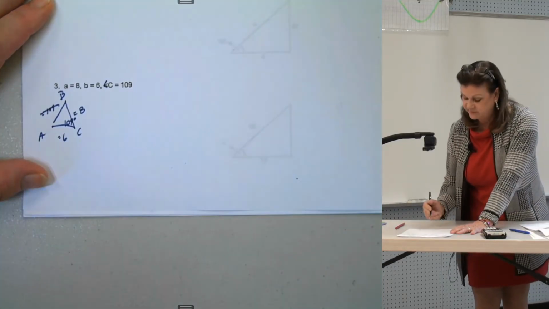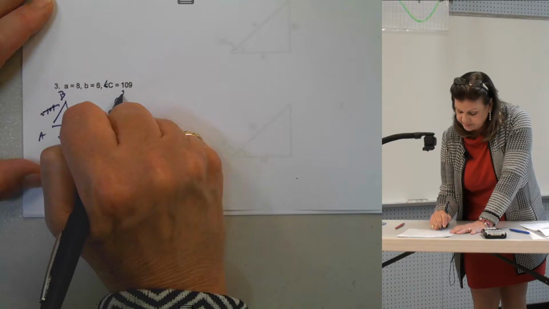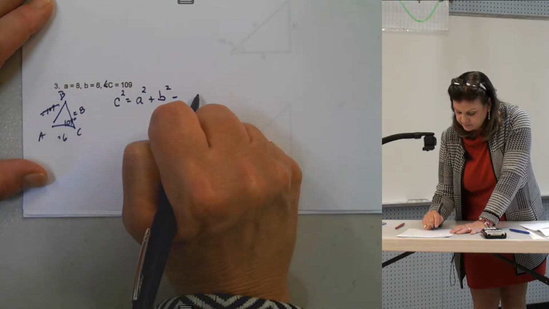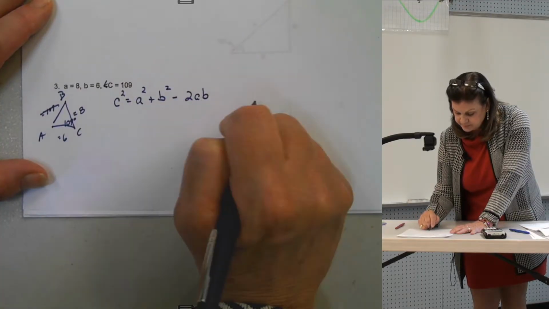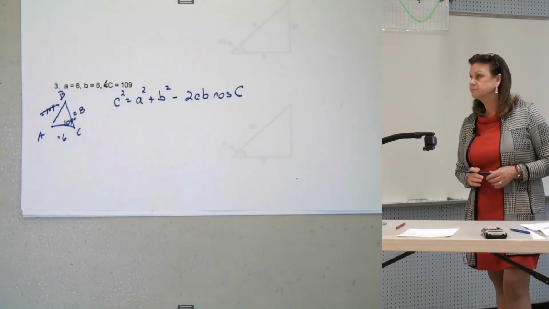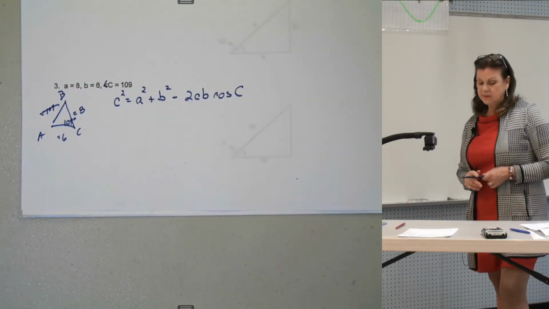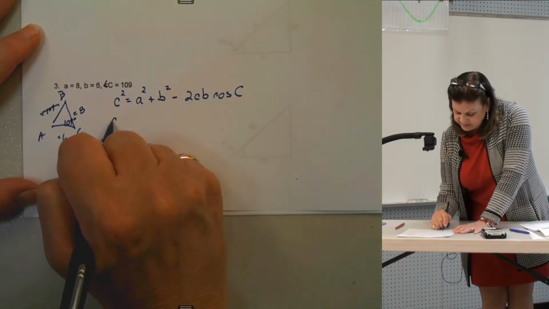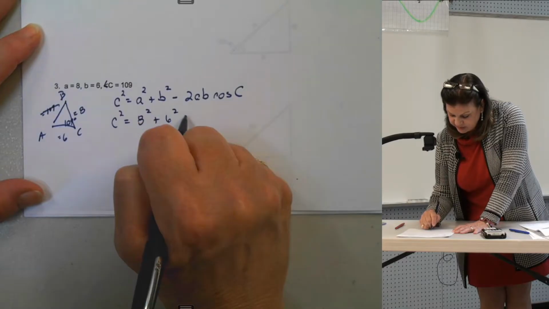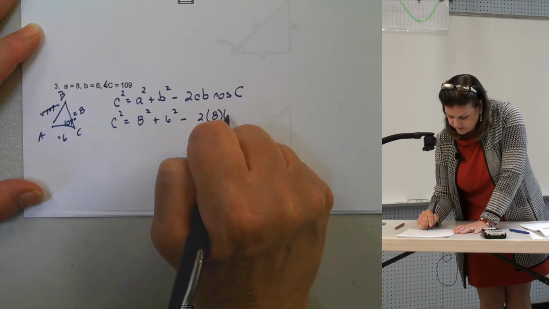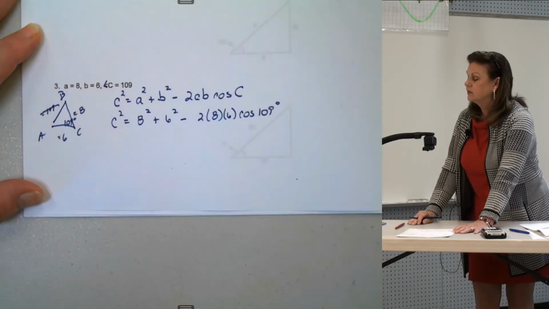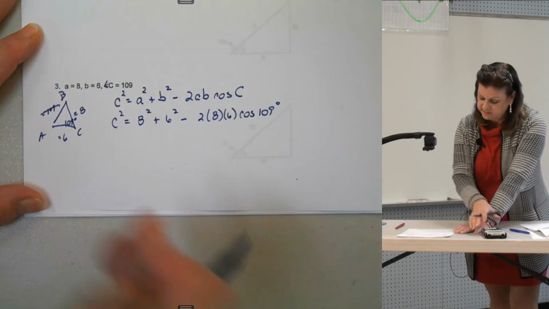So now we're going to be looking for side C. So we have C squared equals 8 squared plus 6 squared minus 2 times 8 times 6 times cosine 109.